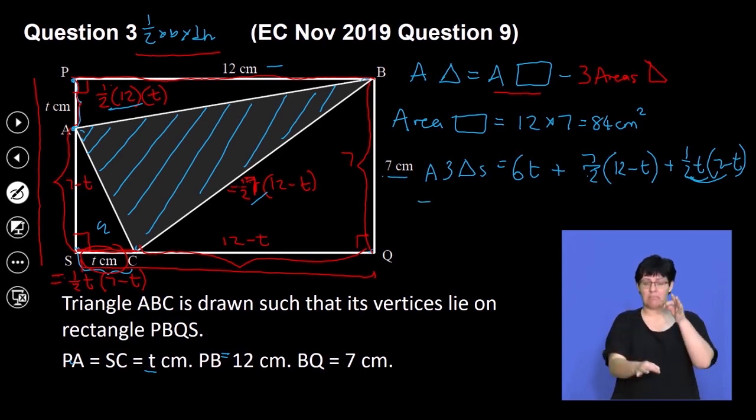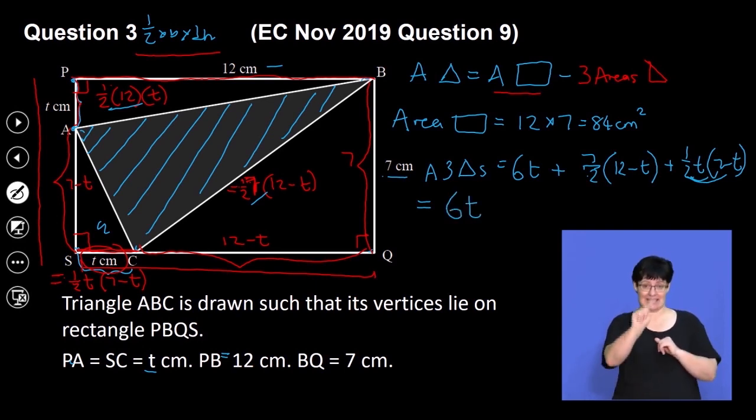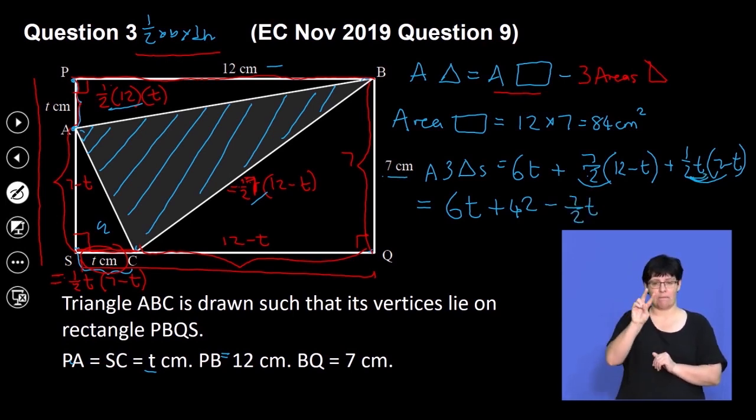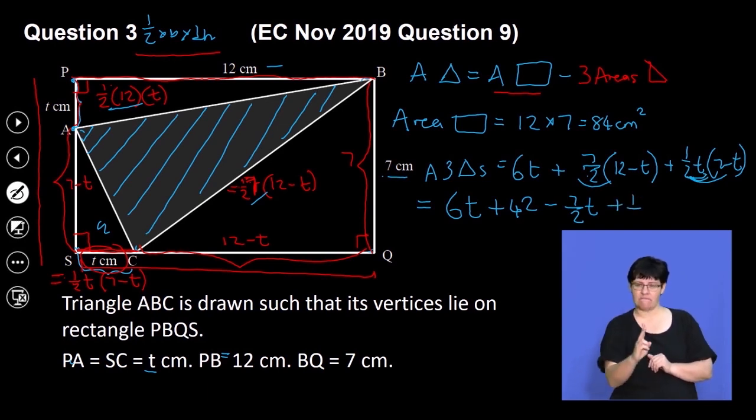Let's simplify that at this stage to make our working a little bit easier going forward. So this is now 6t. We have 7 over 2 times 12 gives us 42. And then we have minus 7 over 2 t. This over here becomes a half, this is a 7, so sorry, that's 7 over 2 t.